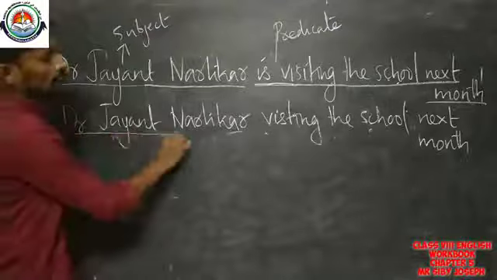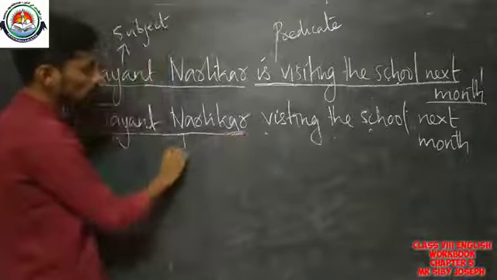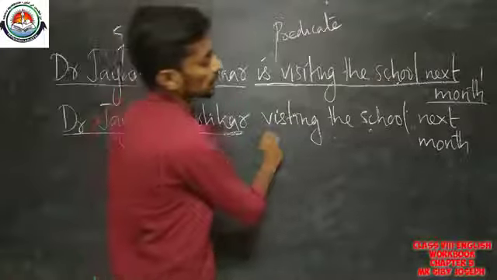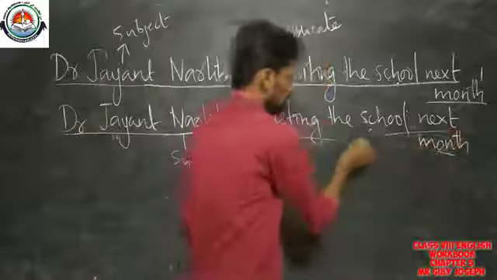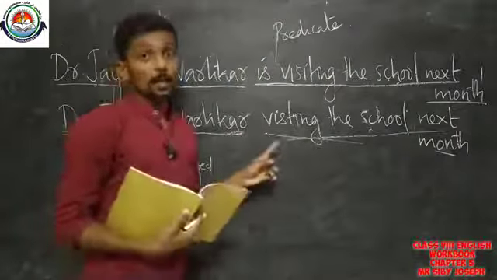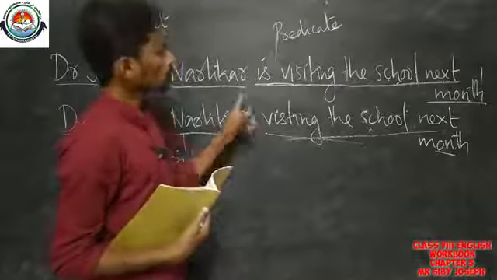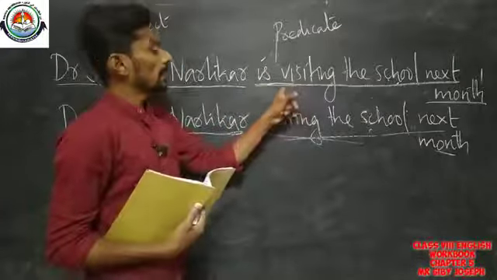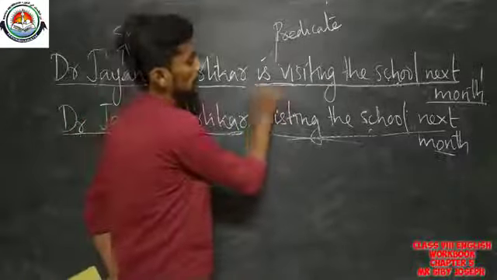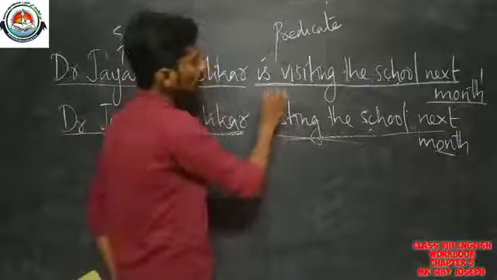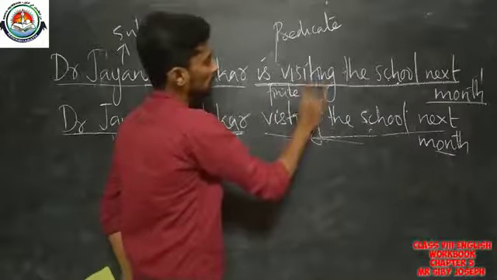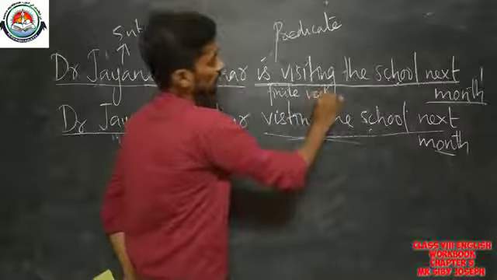Dr. Jayanth Narlikar is the subject, but visiting the school next month is not an example of a predicate. Why? Because is visiting is the finite verb.